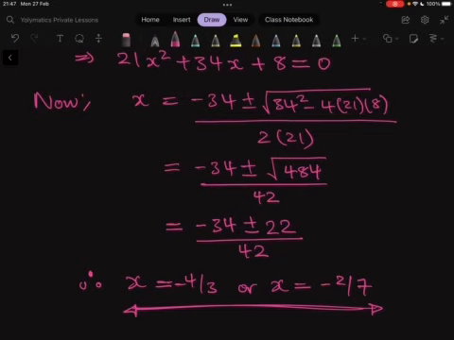Stopping here can be misleading, because it will make someone think that this is the final conclusion to this problem.